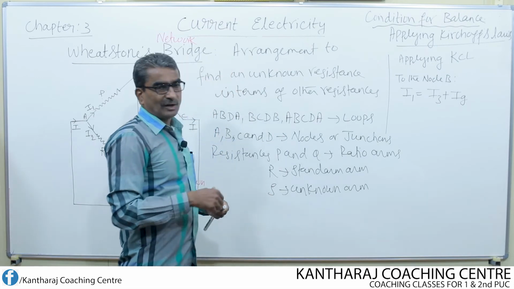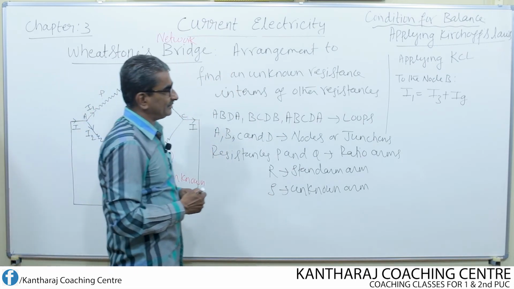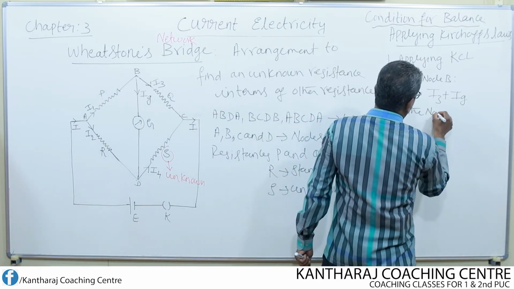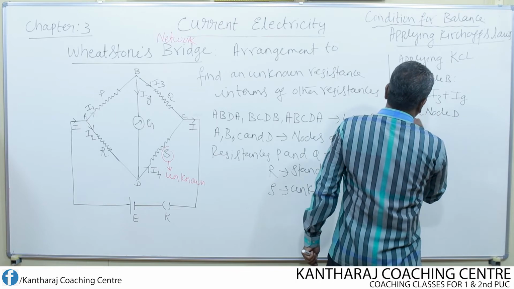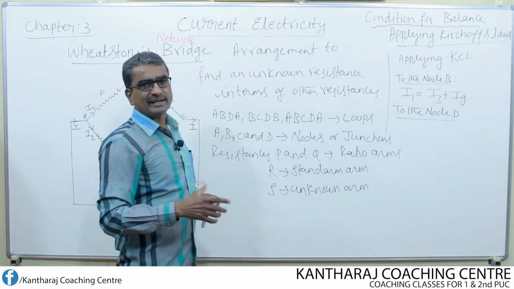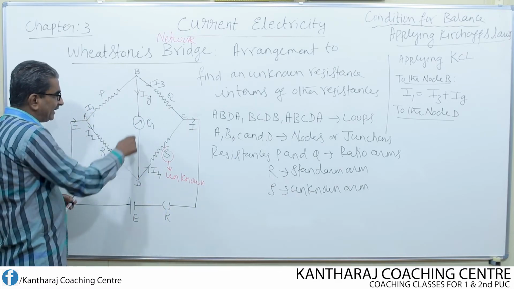Okay. Now once again I apply the same Kirchhoff's current law to the node D. What do we get now? Total incoming should be equal to total outgoing. What are the incoming currents to the point D?